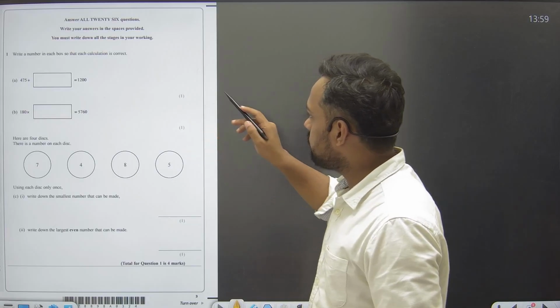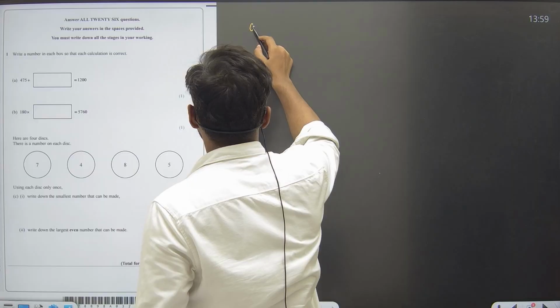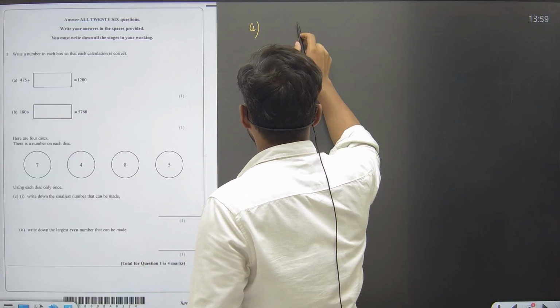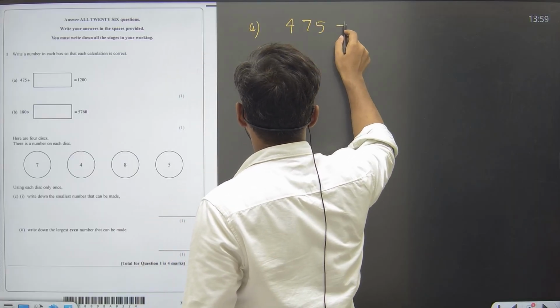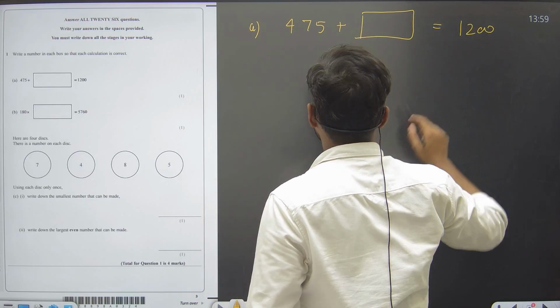First part is: write a number in each box so that each calculation is correct. A part is 475 plus bracket equals 1200.